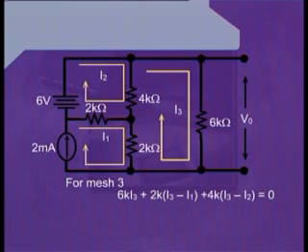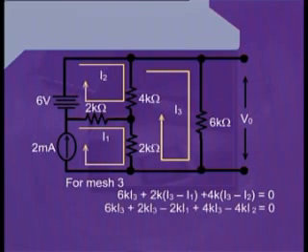And since there is no voltage source involved in this mesh, we equate all these terms to 0. Further simplifying it, we can write 6k I3 plus 2k I3 minus 2k I1 plus 4k I3 minus 4k I2 equals 0.